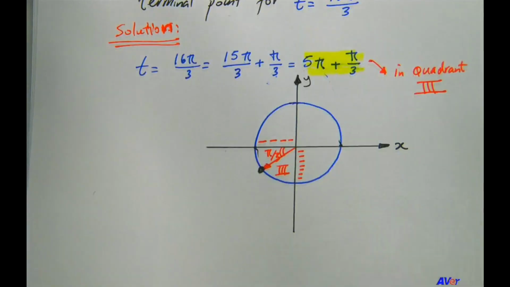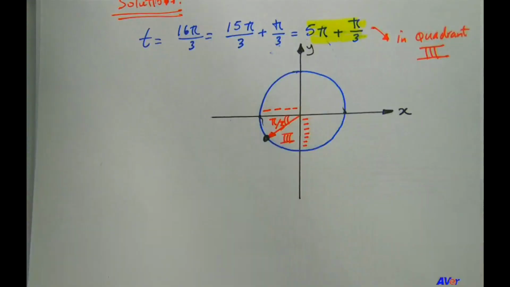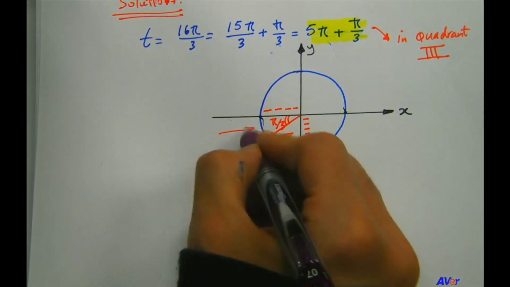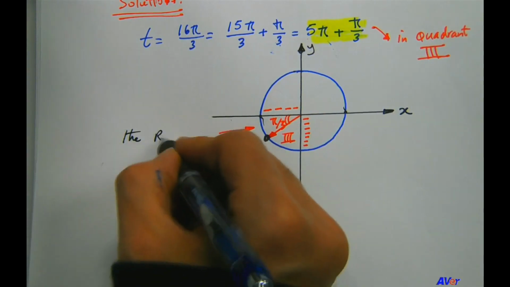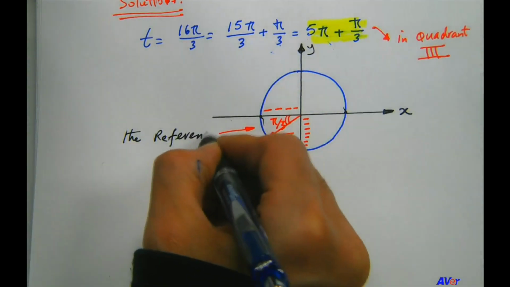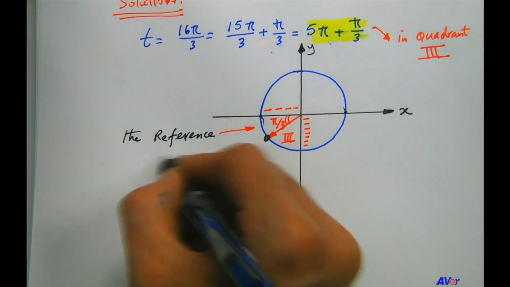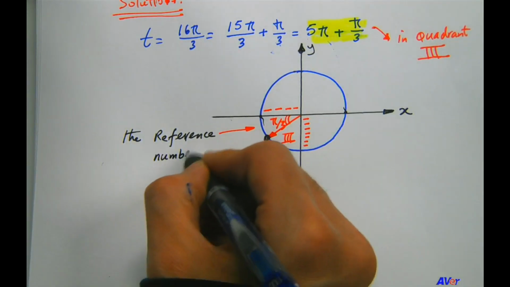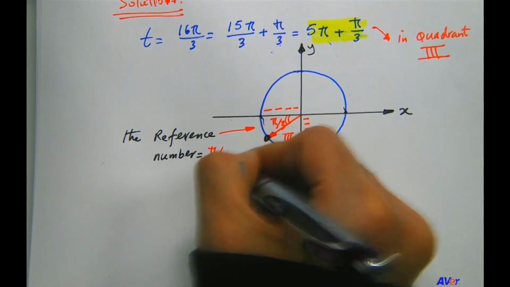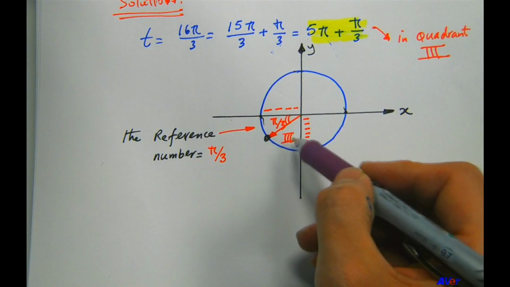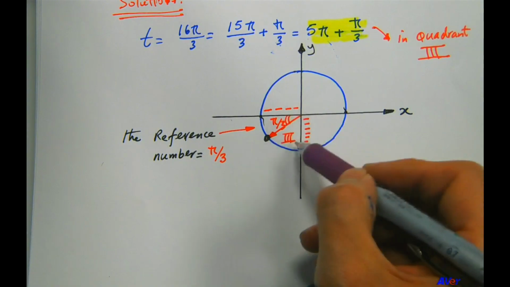Okay, so let's write that down. The reference number is equal to pi over 3. Of course, remembering that we're in the third quadrant, so everything should be negative.